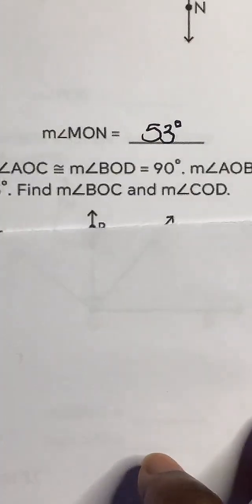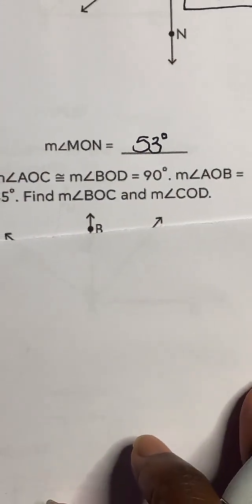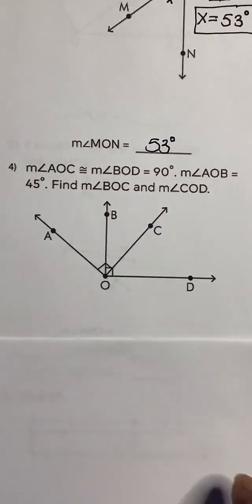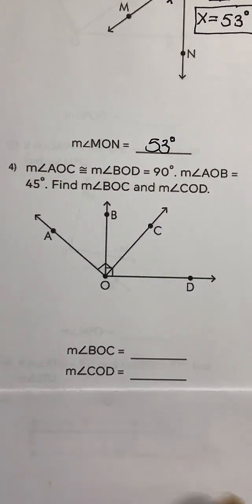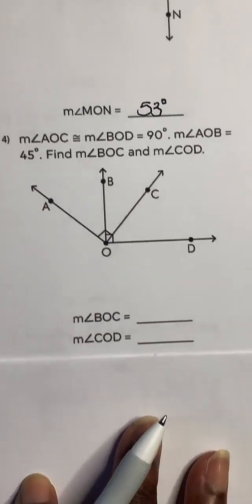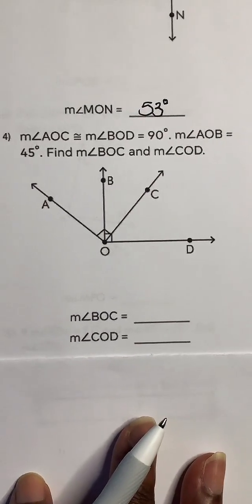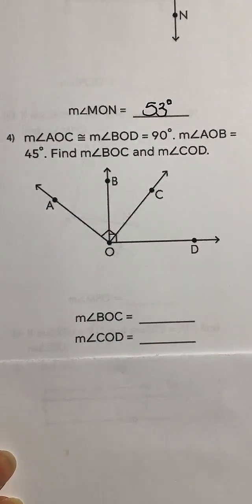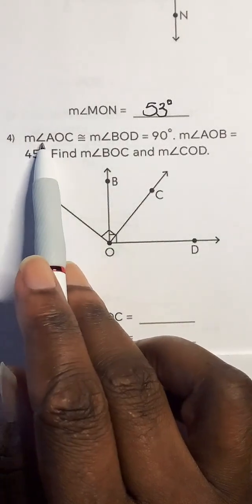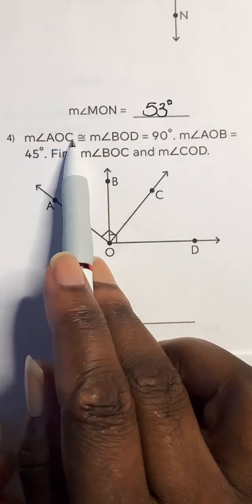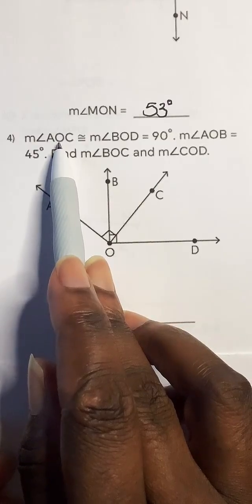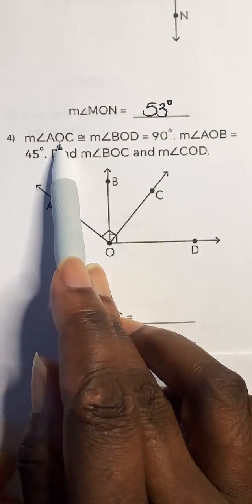All right. So let me unzoom just a hair so you can see the next one. For this one, they're giving us a little bit more. They're saying the measure of angle AOC. Now, the way that you read angles, remember, your vertex is always going to be that middle letter.